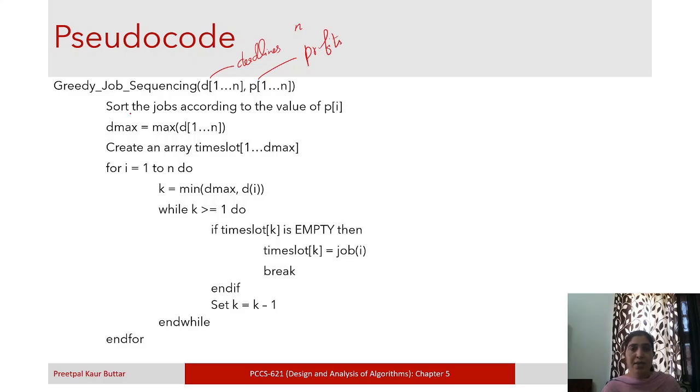The first step in this algorithm is to sort the jobs in decreasing order of profit. Then next we will decide how many time slots we have.